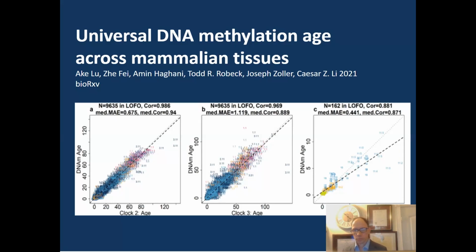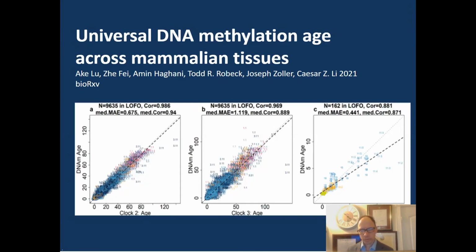And here I show you some results from our preprint on bioRxiv. We've built actually several universal clocks. Panel A and B describe universal clocks for placental mammals. Panel C on the right shows you a universal clock for marsupials.